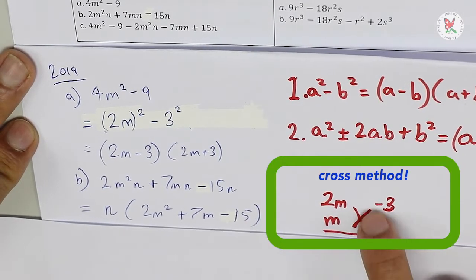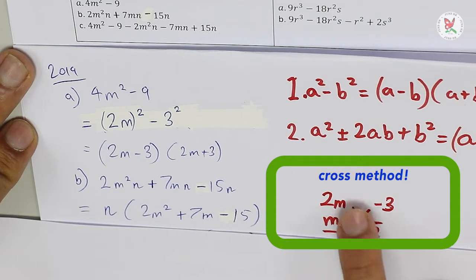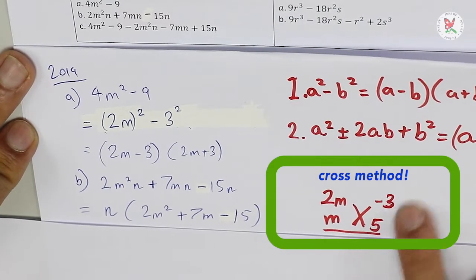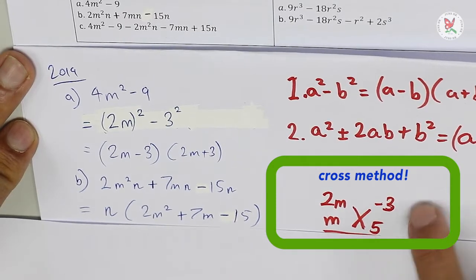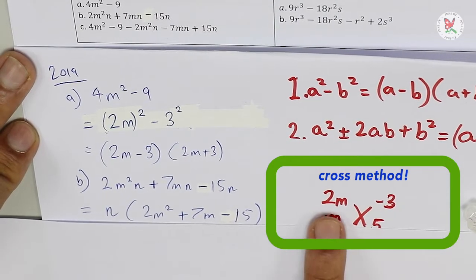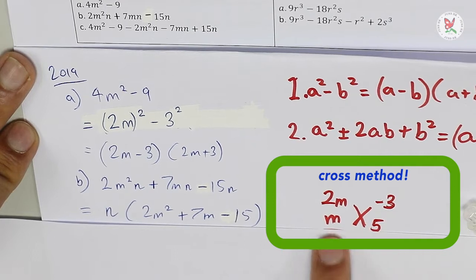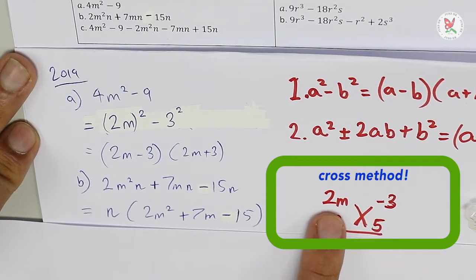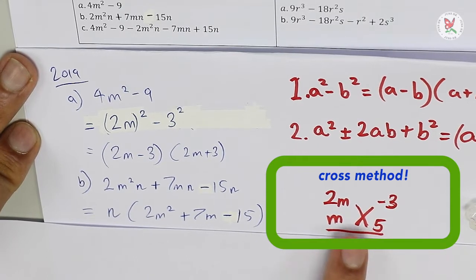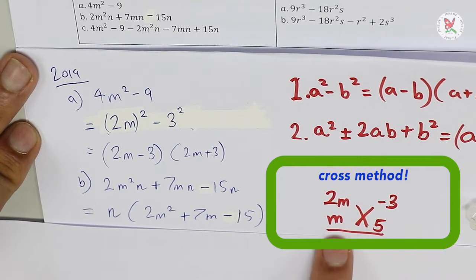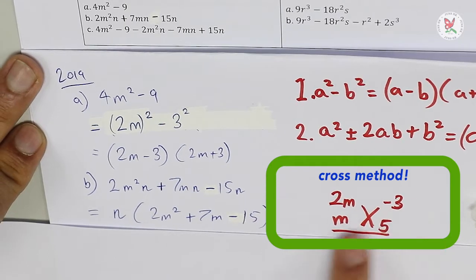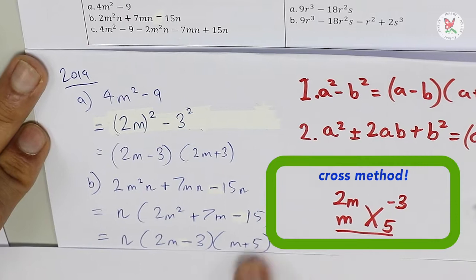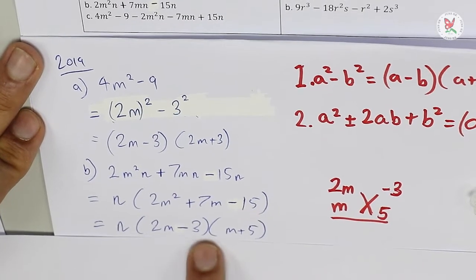You make one of them 2m, the other one m, and on this side you have to choose them accordingly so that the cross product of 2m times 5 minus 3 times m is equal to what's in the middle. So here we have 2m times 5, which is 10m, and minus 3 times m, which is negative 3m. So 10m minus 3m is 7m. This checks out. So we realize that the answer to this is just n(2m minus 3)(m plus 5).